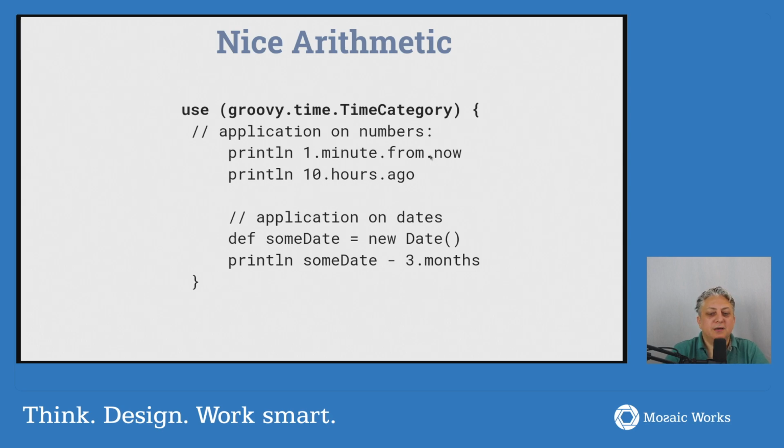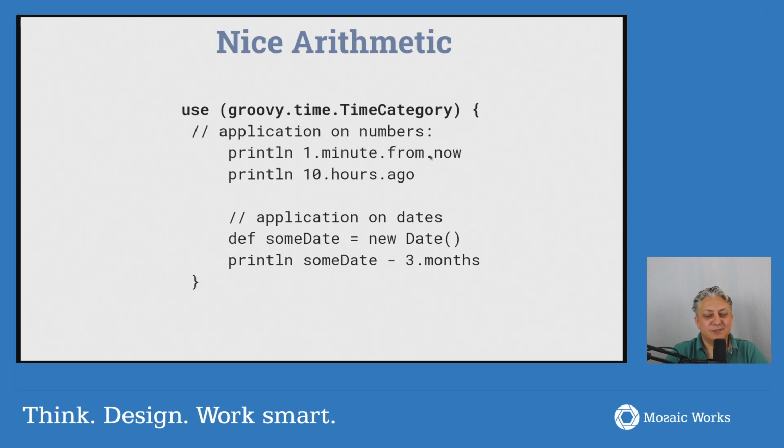And in this case, you say use groovy.time.TimeCategory, because in the next code block, what we are doing is some DateTime arithmetic. And so it has something like println 1.minute.from.now, println 10.hours.ago, and these all work, which is amazing.